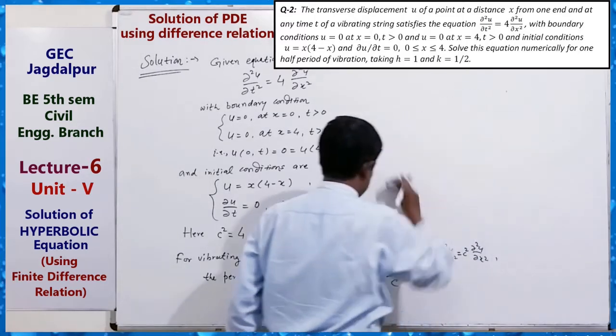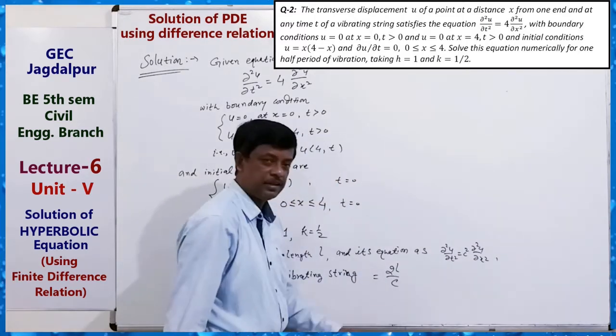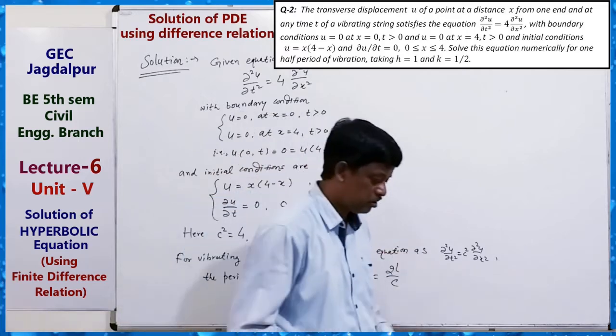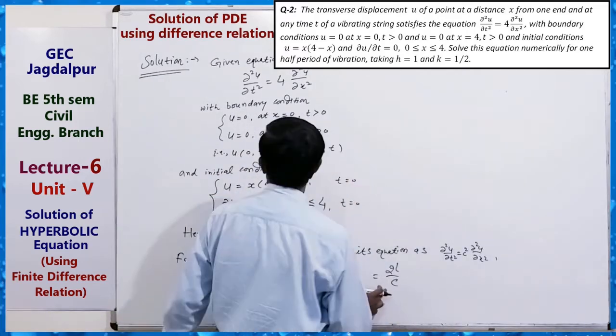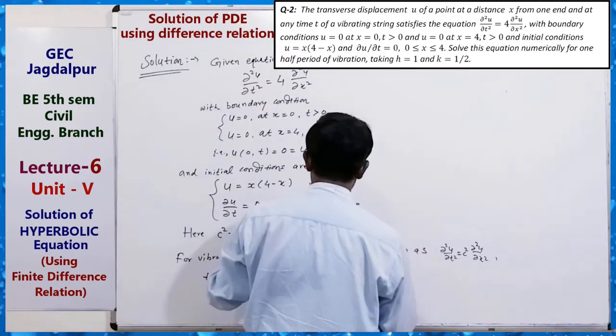Okay, so 2L. Here, length L equals 4, and C equals 2.